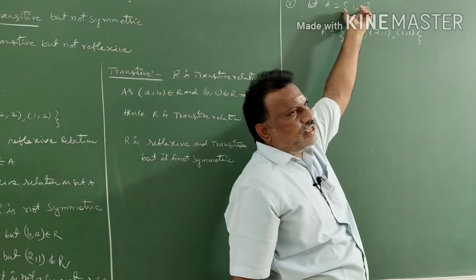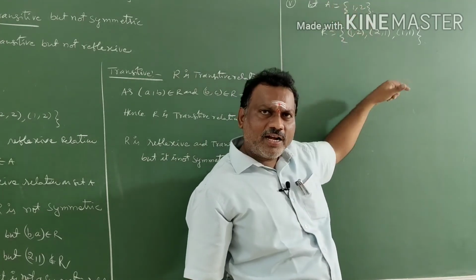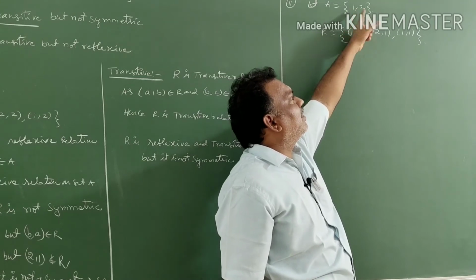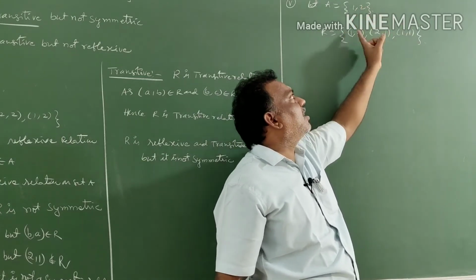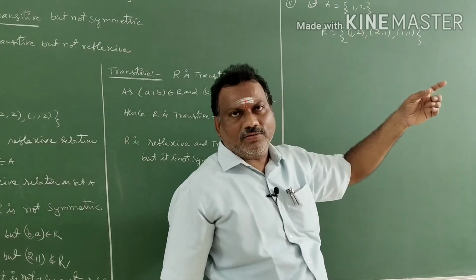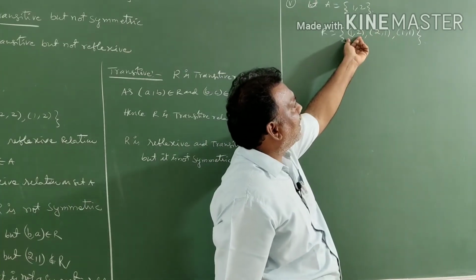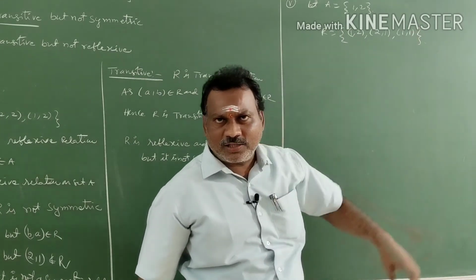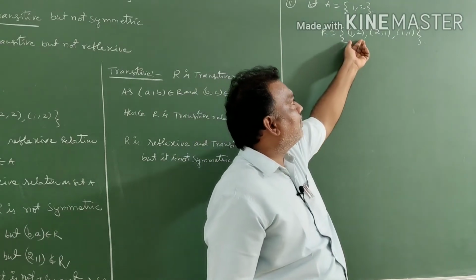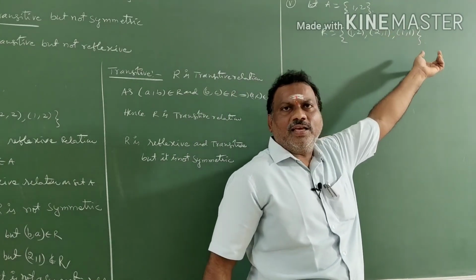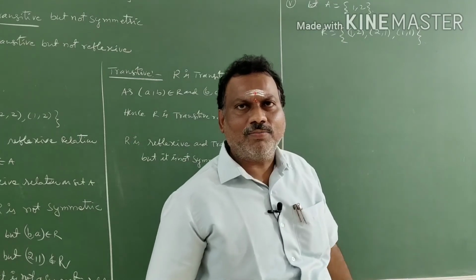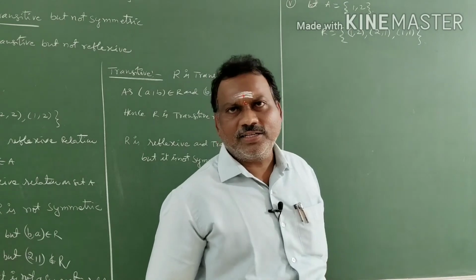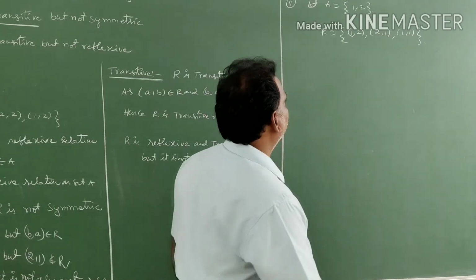Each element of A must be related to itself, then only it is reflexive. 1 is related to 1, but 2 is not related to 2, so it is not reflexive. Seeing symmetric, AB present, BA also, AB and BA will be the same, so symmetric is satisfied. In transitive, AB and BC possible, there is AC, so it is a best example for a relation which is symmetric and transitive but not reflexive.